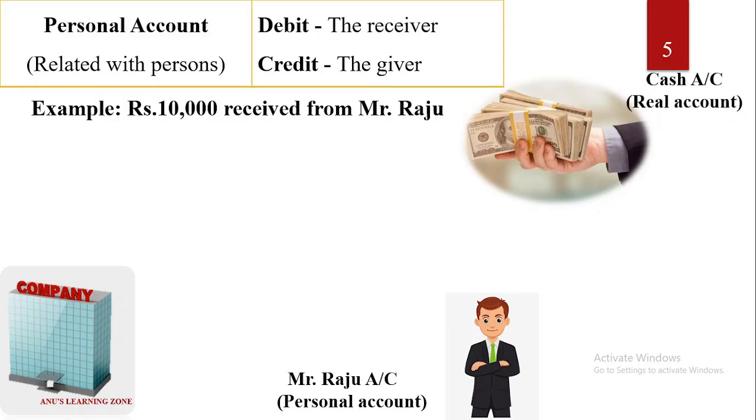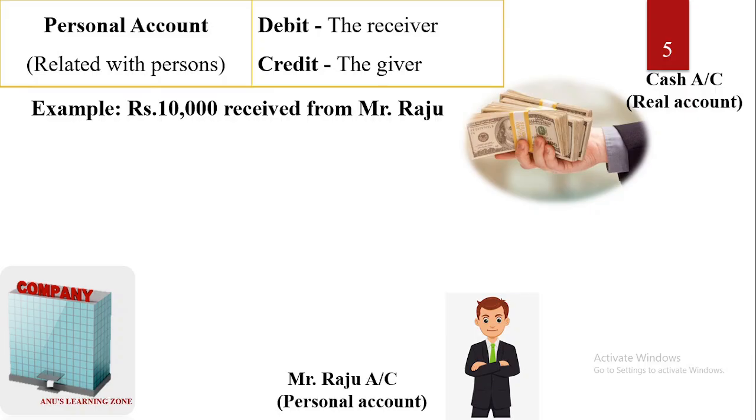So here it is a combination of both the real account and the personal account. We need to follow the rule of real account to give the debit or credit aspect to the cash account, and the rule of personal account for Mr. Raju's account. Let us consider Raju's account first.